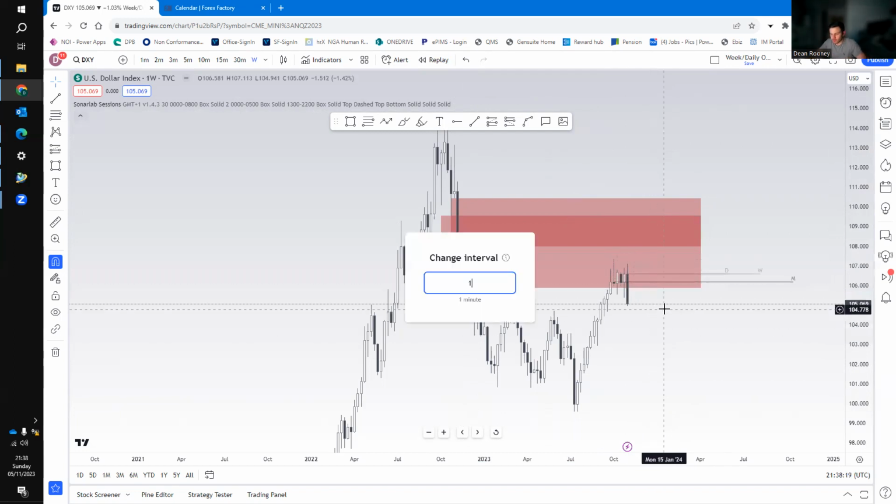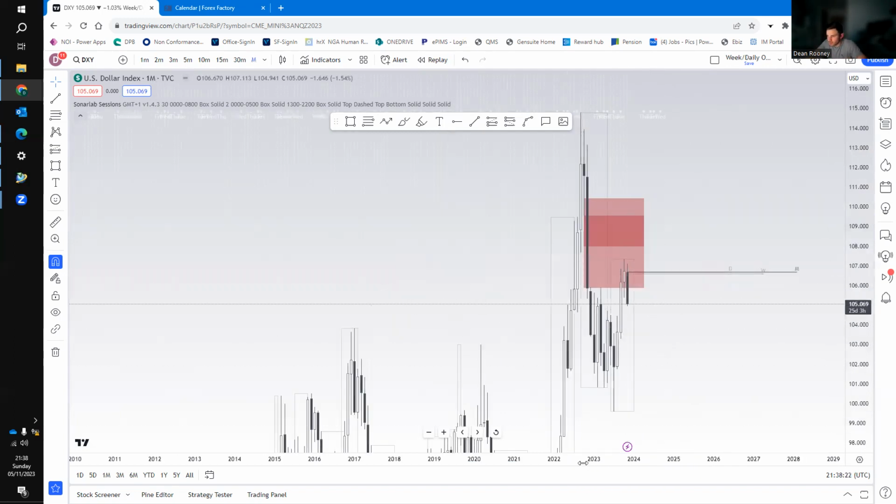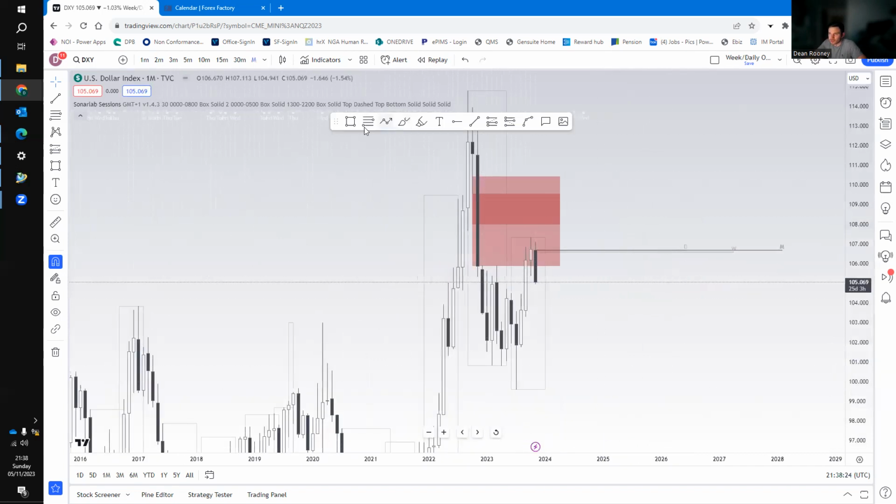I'm going to flick back up to the monthly. So you'll see we've actually got this bullish fair value gap in here, the monthly. So I'm going to change that to bull. We've came down into here.